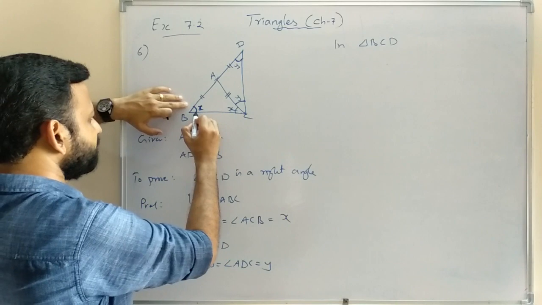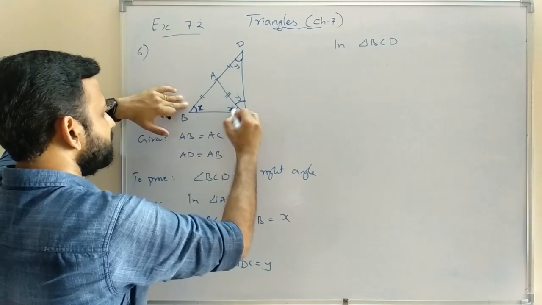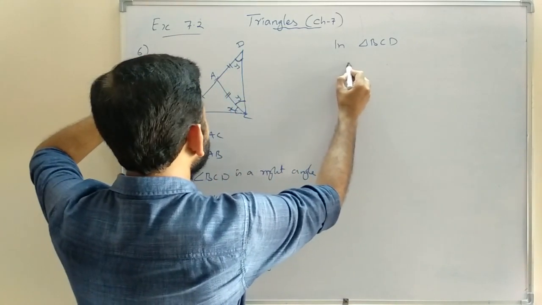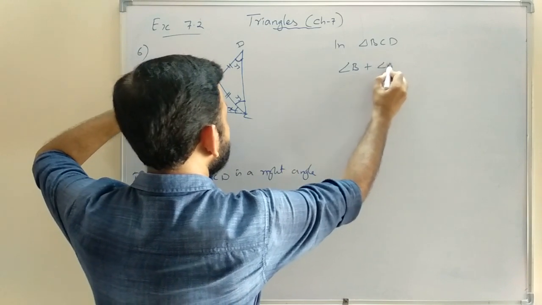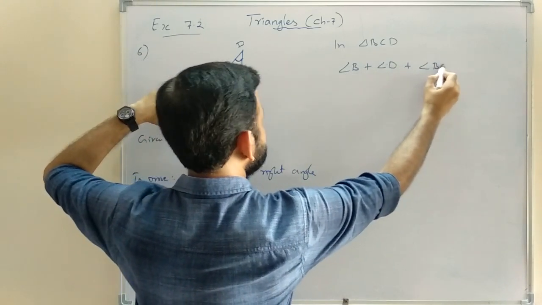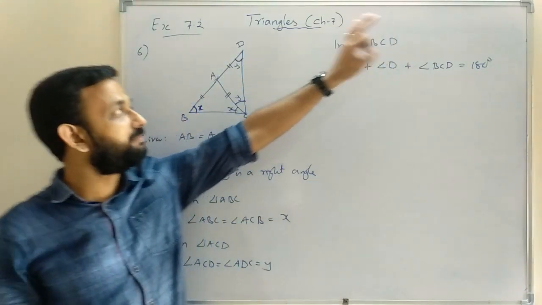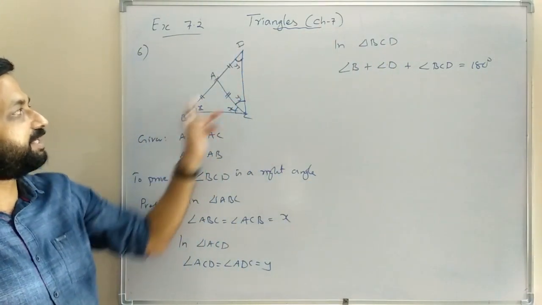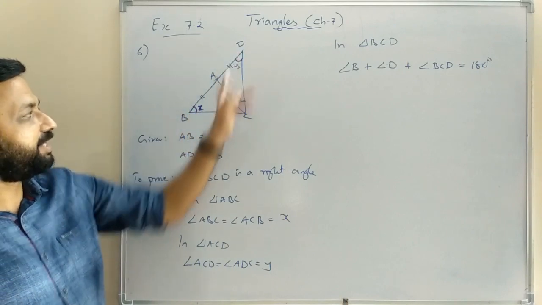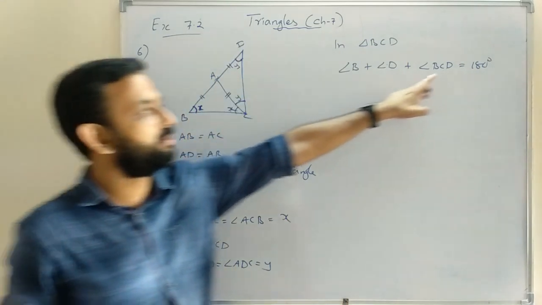So in triangle BCD, angle B plus angle D plus angle BCD equal to 180 degree.